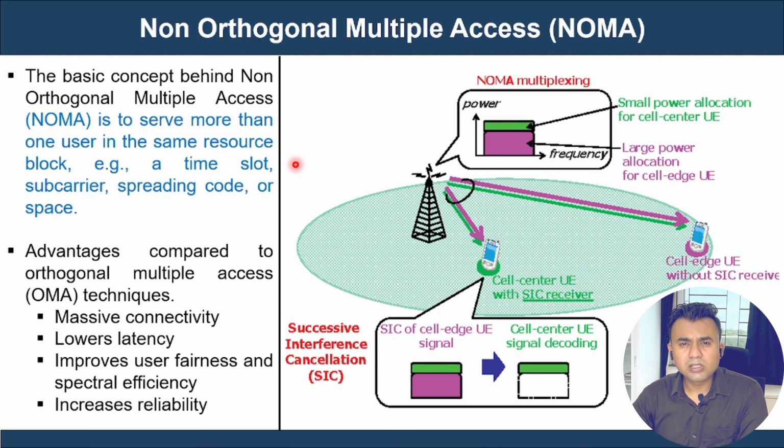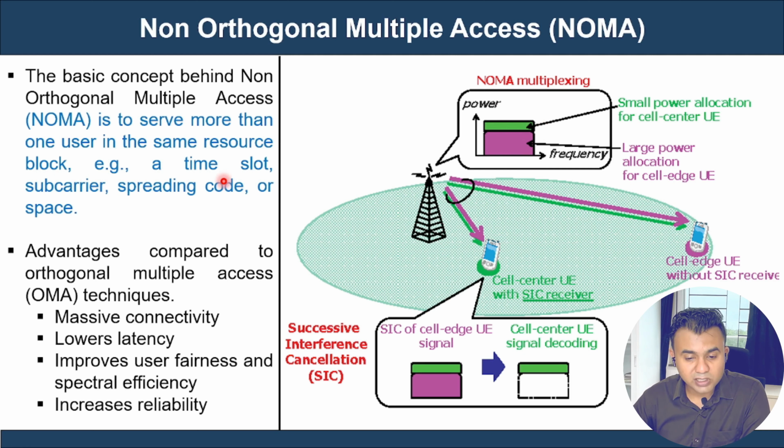The basic concept of non-orthogonal multiple access is to leverage the disadvantages of the previous methods. The basic concept behind NOMA is to serve more than one user in the same resource block. In the same resource block, we want to serve a larger number of users.